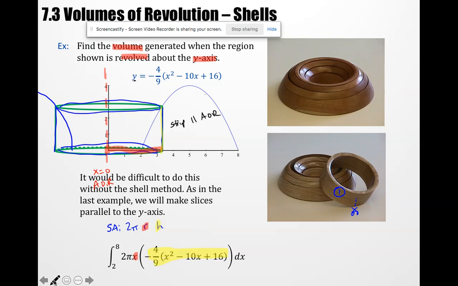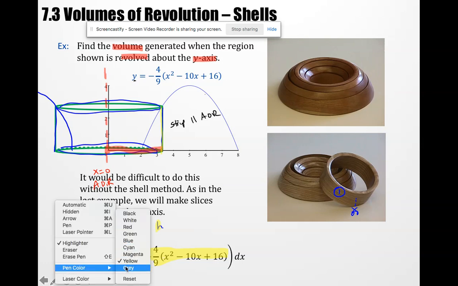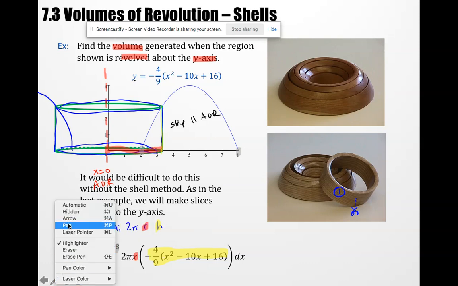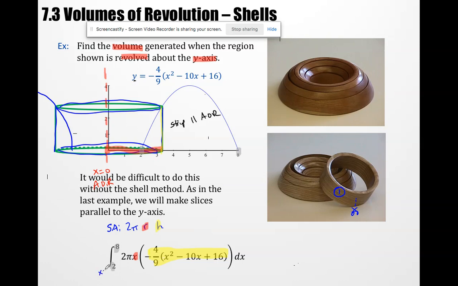I started drawing strips at 2 and ended at 8. Those are x numbers, 2 and 8. Radius in terms of x, function in terms of x, slice perpendicular to the x-axis, integrating dx, plop this in my calculator, bam.